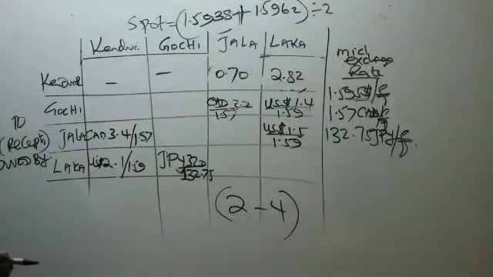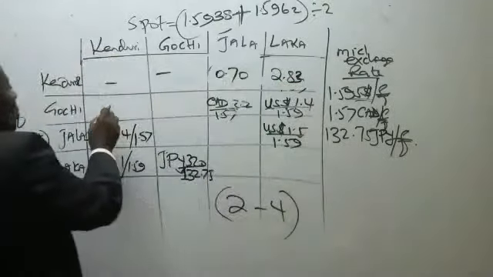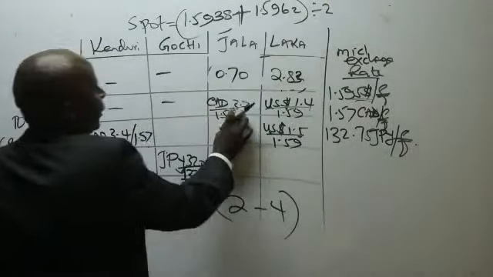Is it 2.82 or 2.83? 2.83. Mniambia mwalimu hapa weka 2.83. Thank you very much. So kuja hapa dash. How about this?